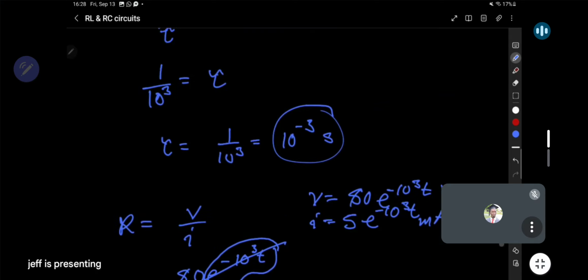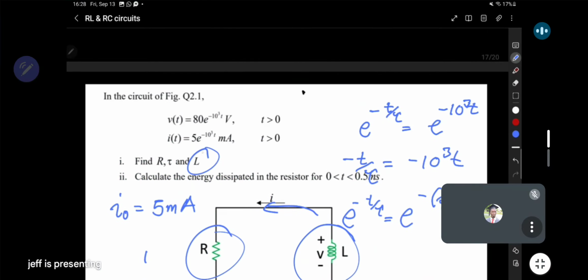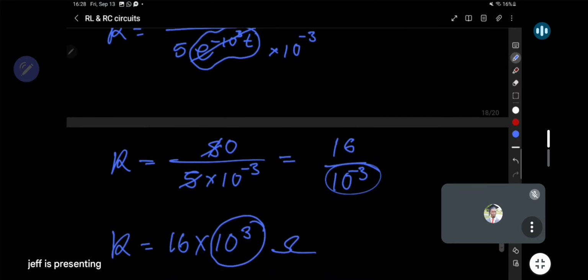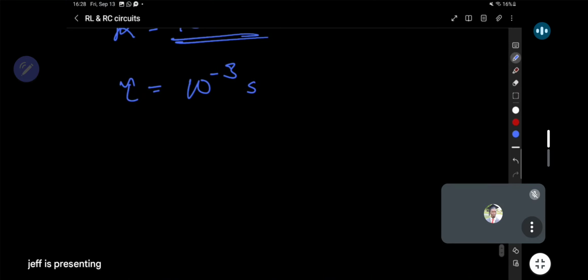In the other part of the same question, we have L here, find the inductance. For an inductor, there's a connection between the time constant and the resistance. So the time constant will be equal to the inductance over the total resistance in the circuit. Had it been a capacitor, we would have said the time constant is equal to the capacitance multiplying the resistor.